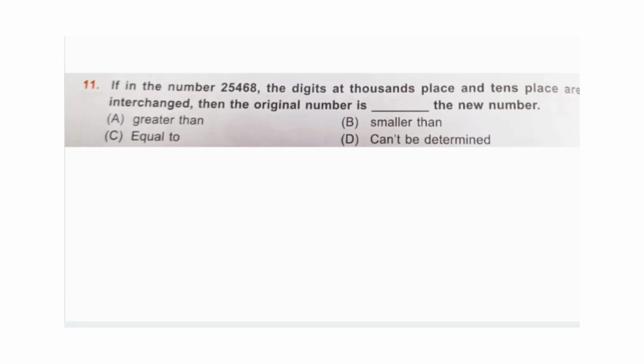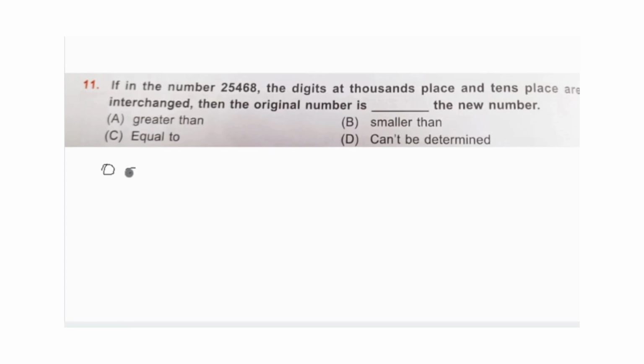Let's look at this question number 11 from number sense, mathematical reasoning. If you see the question, it says, if in the number 25,468, the digits at the thousands place and tens place are interchanged, then the original number is dash the new number. Let's first write down the original number.